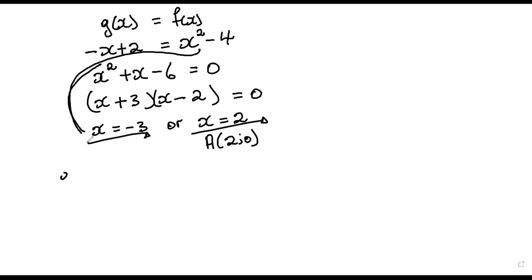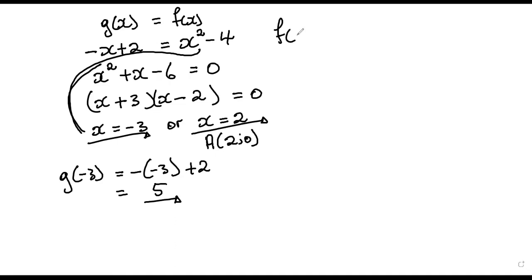If you decide to substitute -3 in the function of g, then where you see x, you put -3. So it means g of -3 will be 5. But if you decided to use the function of f, then f of -3 will just be -3 squared minus 4. So -3 squared is going to be +9. 9 minus 4 will just be 5.